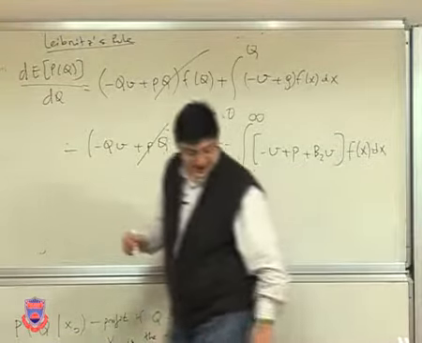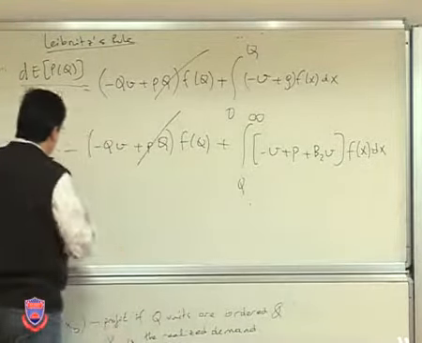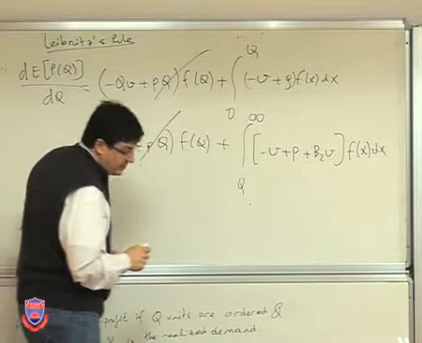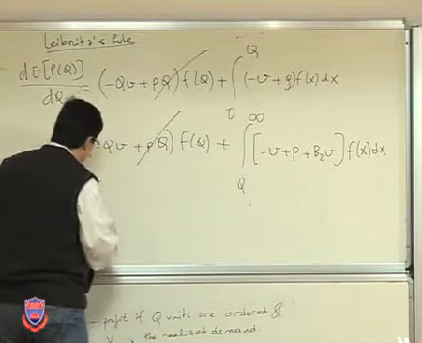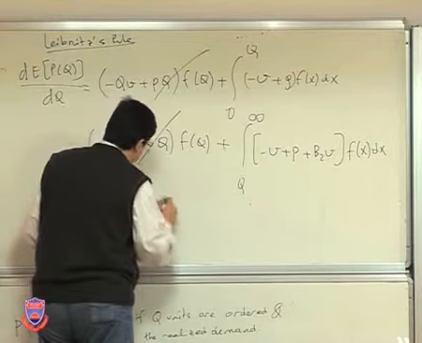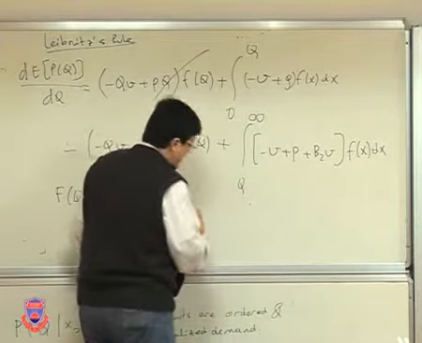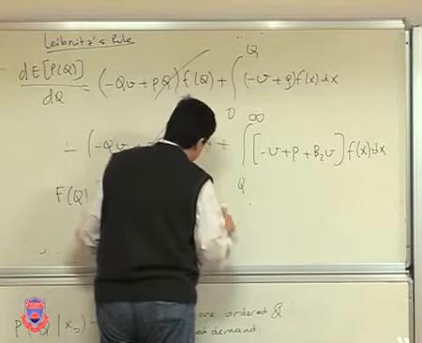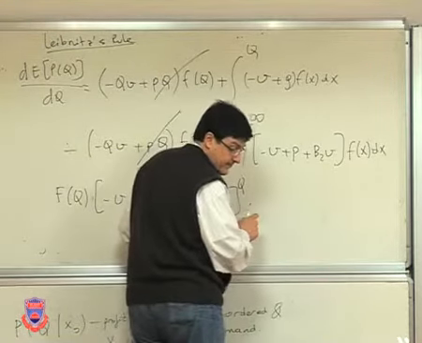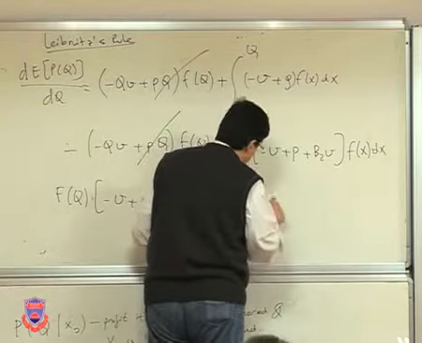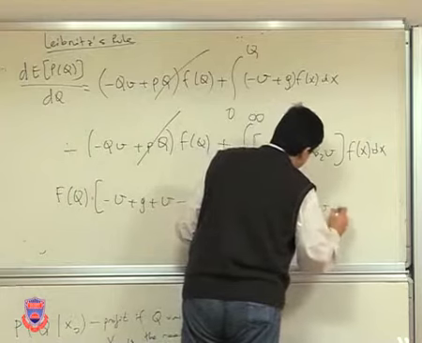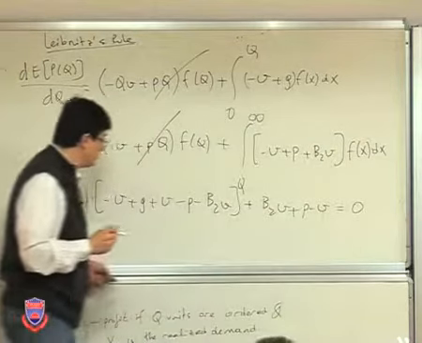So if I bring all the terms together in terms of the cumulative function, I am going to obtain the condition where f of q times (minus v plus g plus v minus p minus b to v) plus b to v plus p minus v is going to be equal to 0 at optimality.